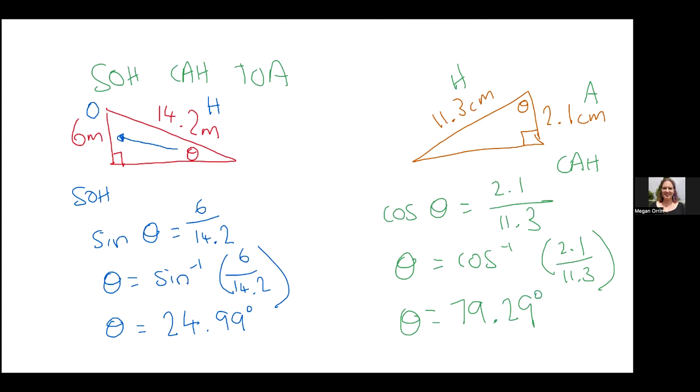We're doing the same thing as yesterday, so let me give you a slight summary. With SOHCAHTOA, the equations always look like this. Sine of the angle is the opposite over the hypotenuse.